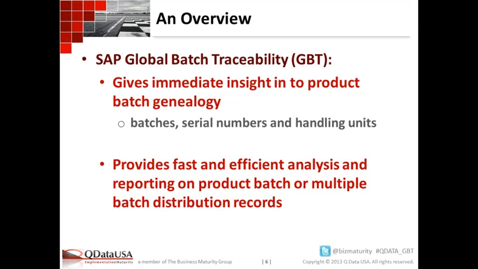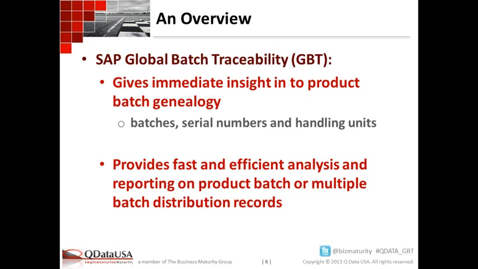It is also a tool that provides fast and efficient analysis for reporting on these batch or multiple batch distribution records. In other words, so these batches, where are they right now? Where were they distributed to? What are the actual addresses for those?